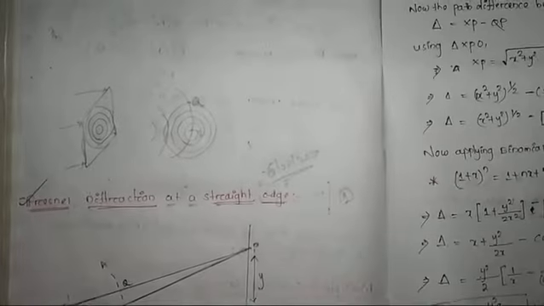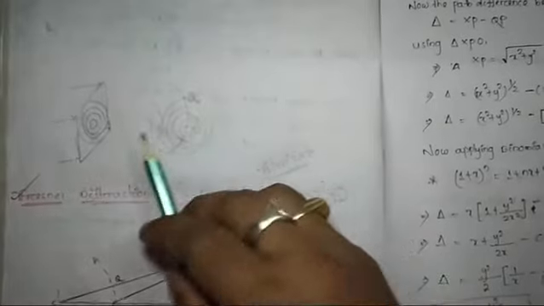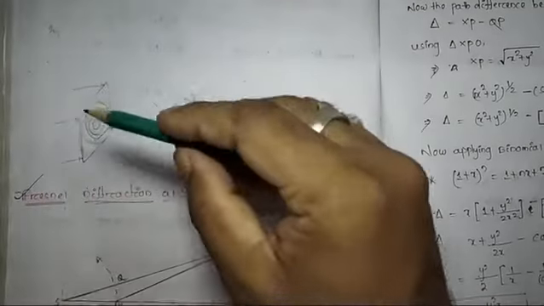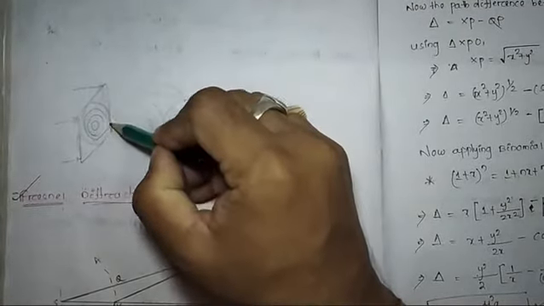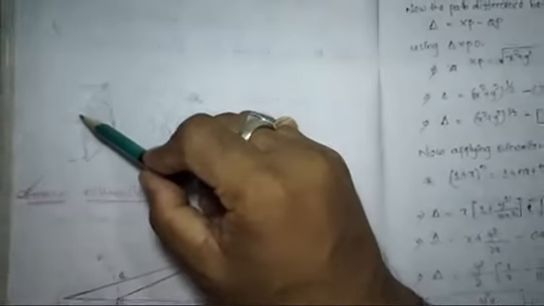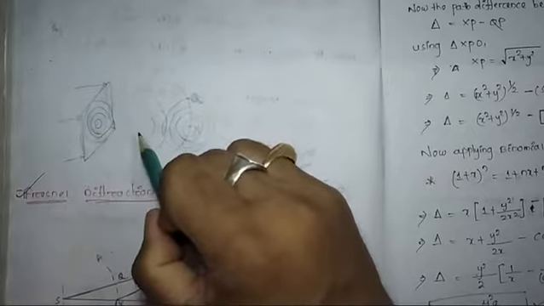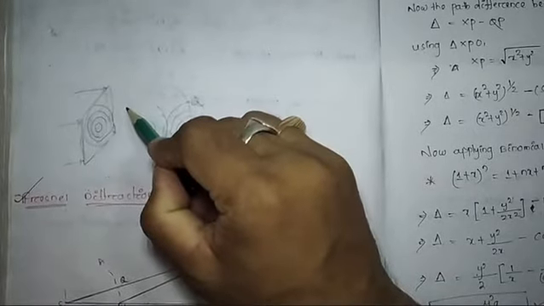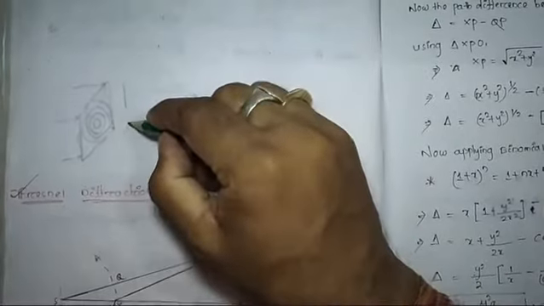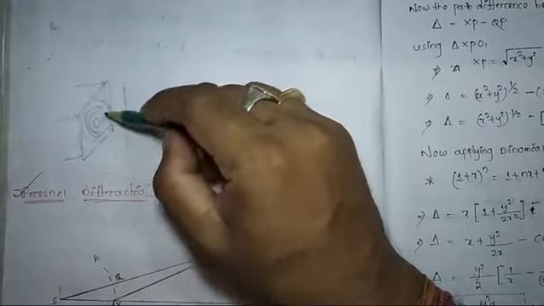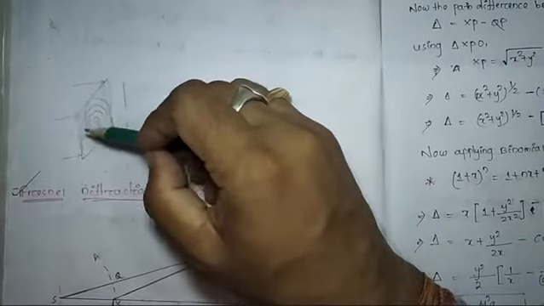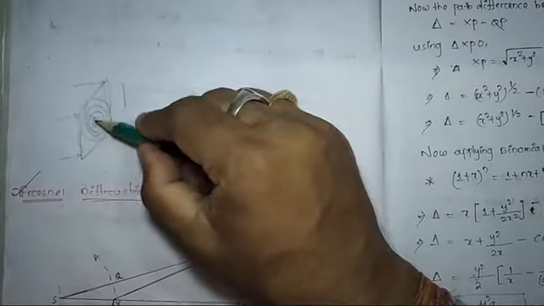Previously we saw that when a plane wavefront like this strikes a slit, the wavefront is divided into numbers of half period zones.